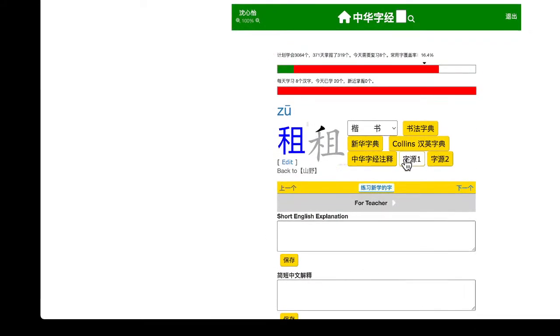Let's take a look at the character. You can see it goes with the crop radical on the left, and then on the right is the original character for 祖. Now 祖 means ancestor, and so means superior.